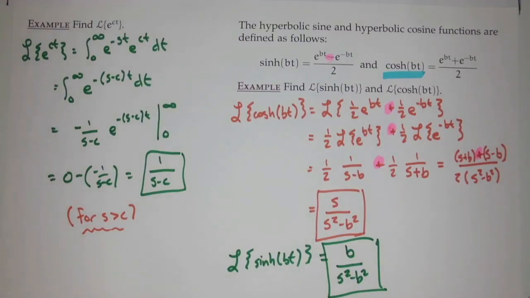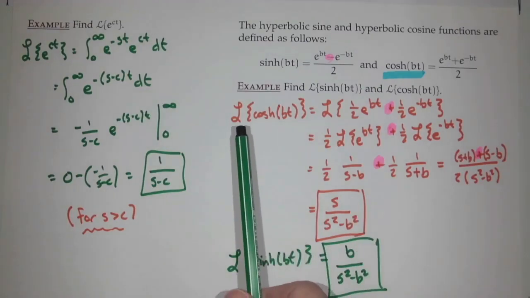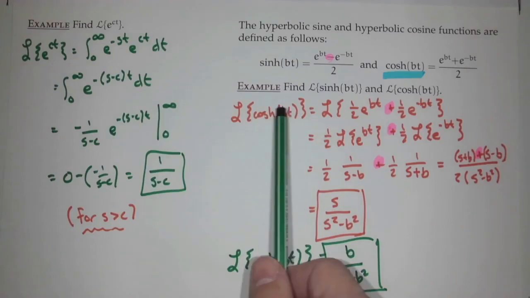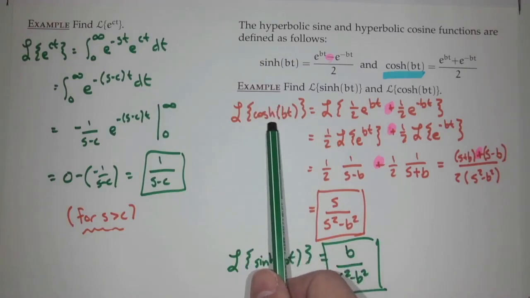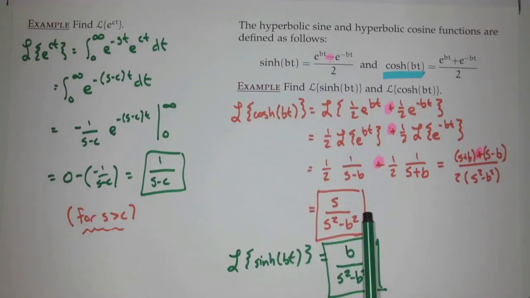So with these transformations, does that function have the same result as cosh bt? What do you mean by this function? What we're saying is, if you plug cosh into the Laplace transform, out comes this function.